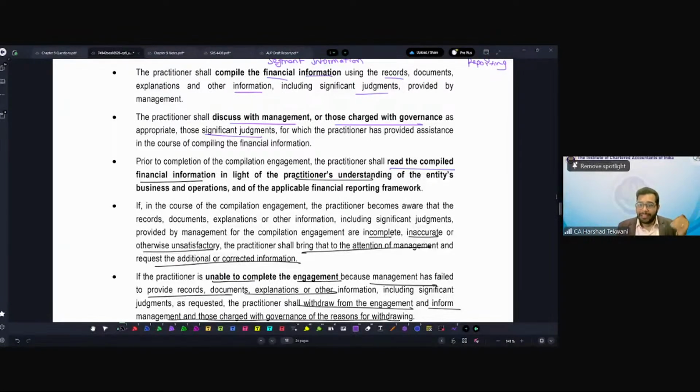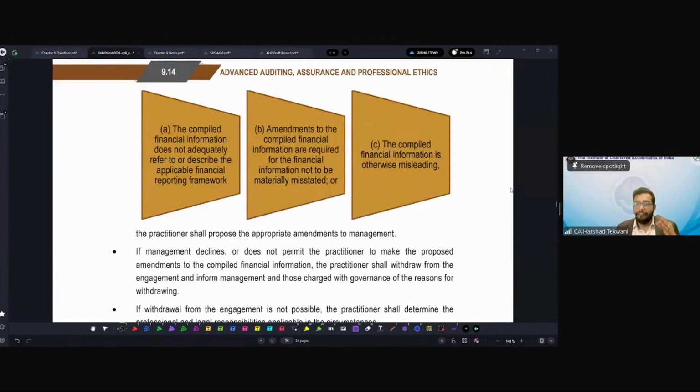That is, the segment information you have is not as per the format under which management requires you to report. The format is not matching. Number 2, you have identified a misstatement, with the total revenue and the segmental total revenue not matching. Number 3, misleading information that is being asked by the management to compile. In these 3 scenarios, you will ask management to amend the financial information.